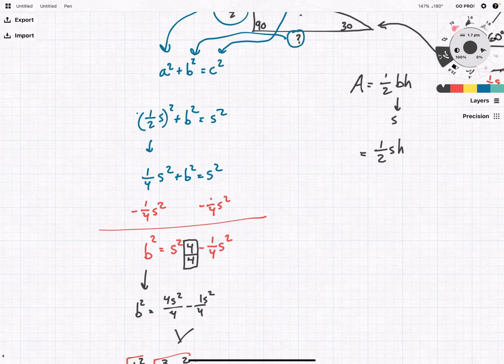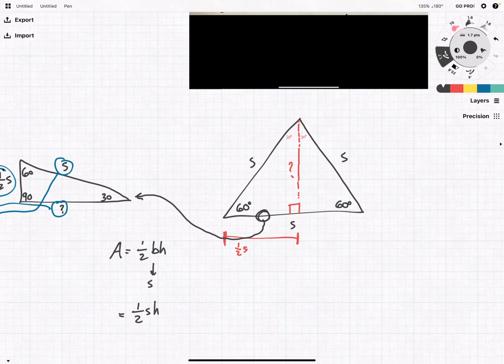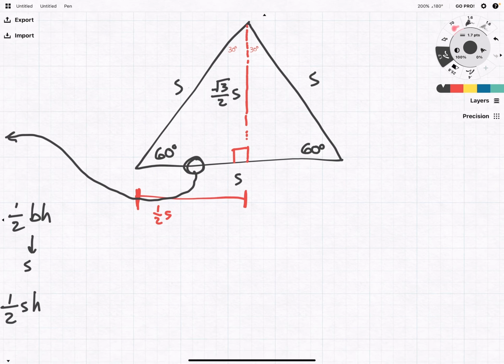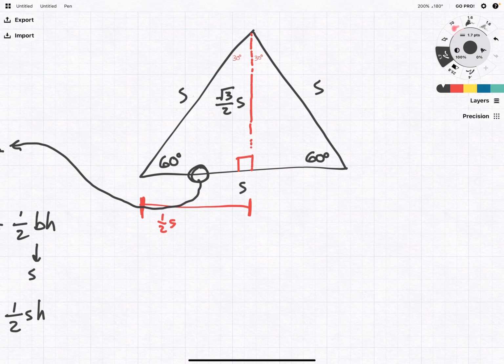If we take a look over here, that b value ends up being our height. So all that work and we finally found the height. I'll erase the question mark and put in root 3 over 2 s. Wonderful. Now we want to be careful that we don't use this 1/2 s in our final answer. We only used that to find the height. In our final answer, we need to find the area, and the area is 1/2 base times height.